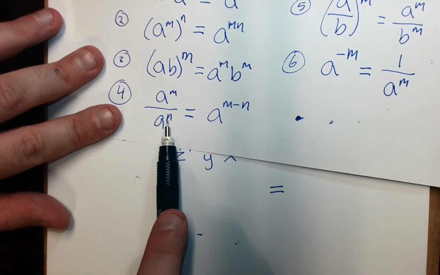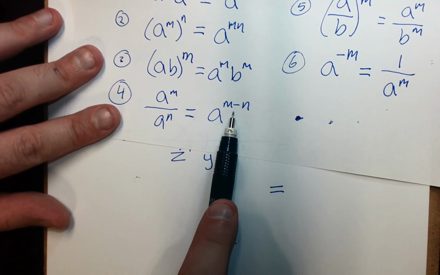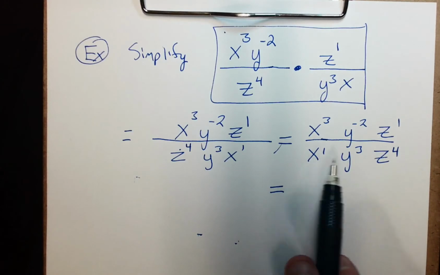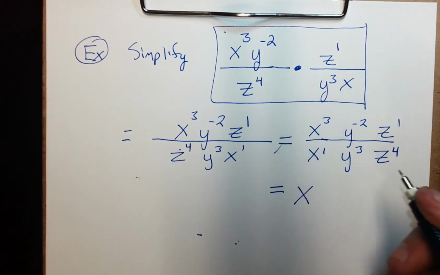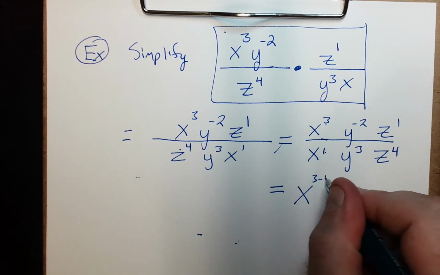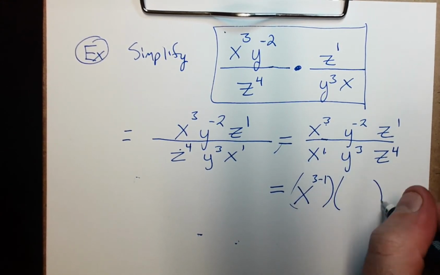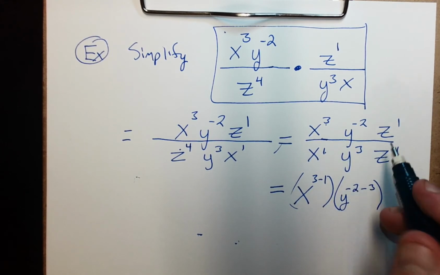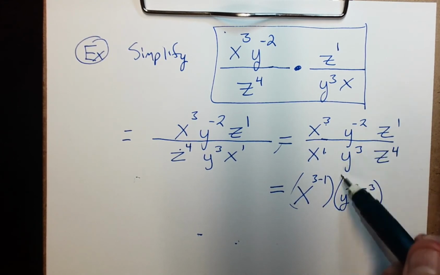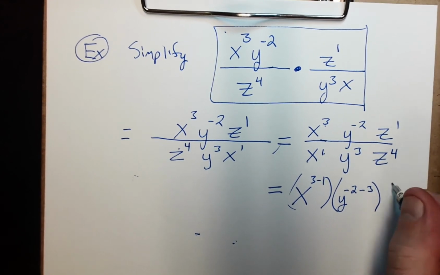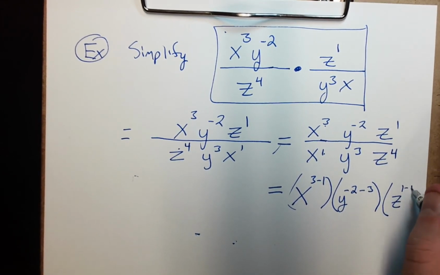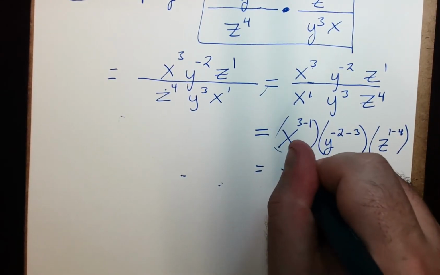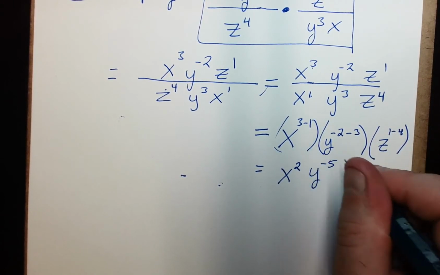From there, we can apply our rules. So basically the only rule that we need for this problem is this one right here. When you have a to the m over a to the n, you subtract those exponents. First, top one first, bottom one second. So if you apply that rule here to each of these three, then you have x to the 3 minus 1. You've got y to the minus 2 minus 3.